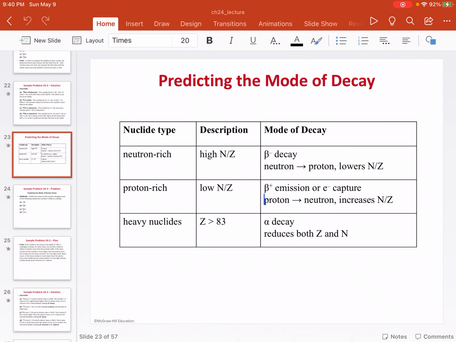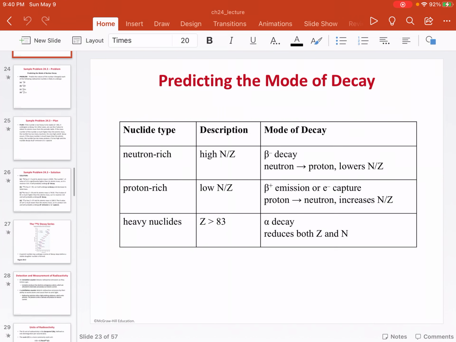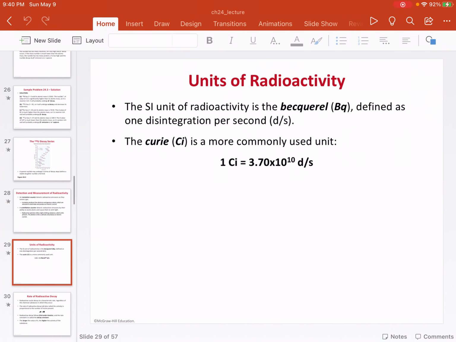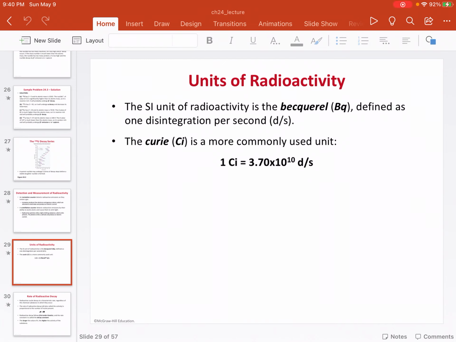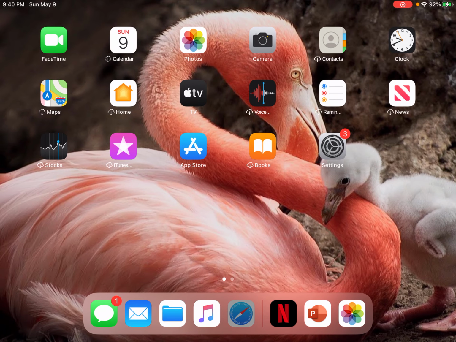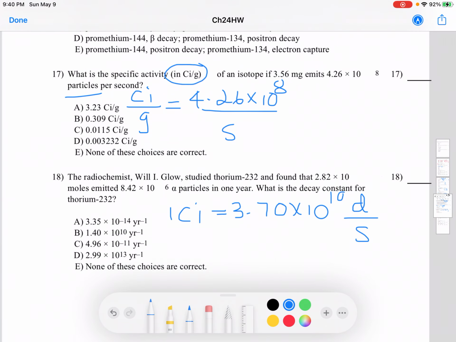When we talked about the decay, I showed you over here. Curie is the more commonly used unit. The SI unit is the becquerel, and you can see here 1 Curie is 3.70 times 10 to the power 10 disintegrations per second. So we need this to convert Curie to disintegrations per second. That's why I use 1 Curie over here.